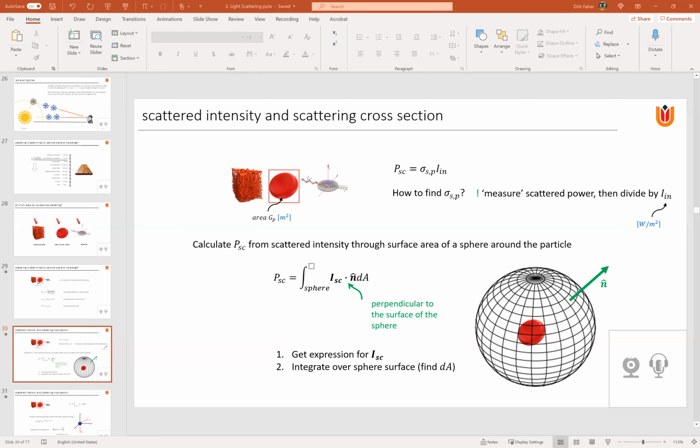We will calculate how much of the incident intensity emanates from the surface of that sphere around the particle. The inner product with the unit vector n is there just to say that you have to evaluate this perpendicularly to the surface of the sphere.